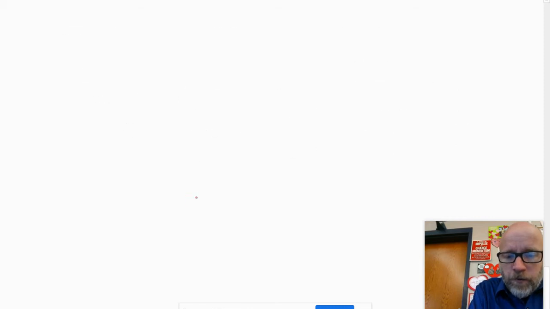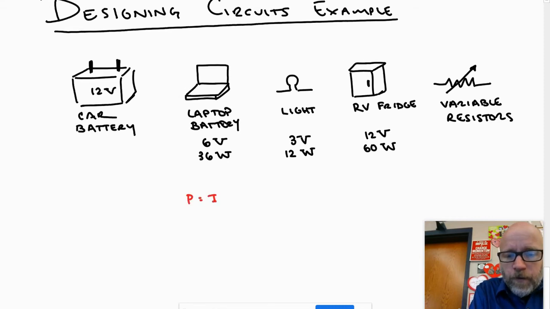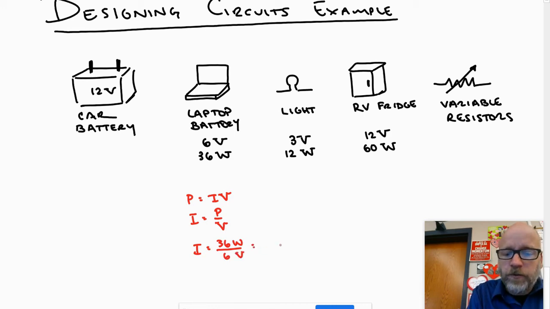If power is current times voltage, then the current is simply power divided by the voltage. So at 6 volts, we'd have 36 watts of power. That's going to be equal to, yeah, you got it, 6 amps.